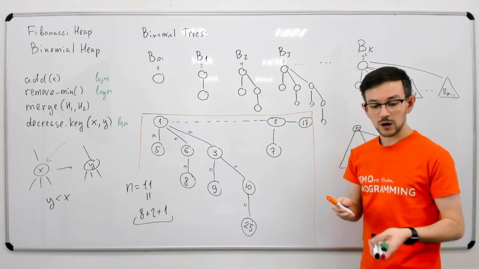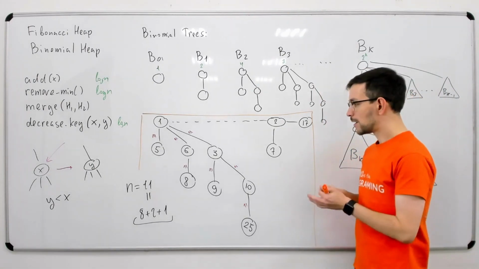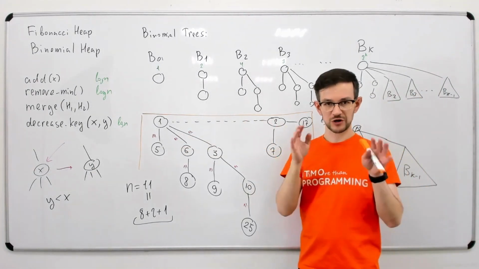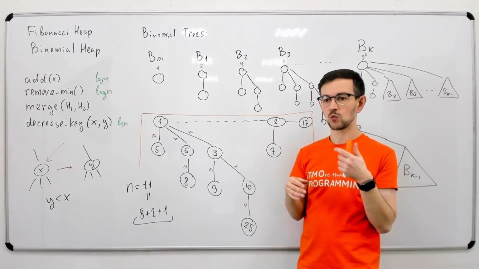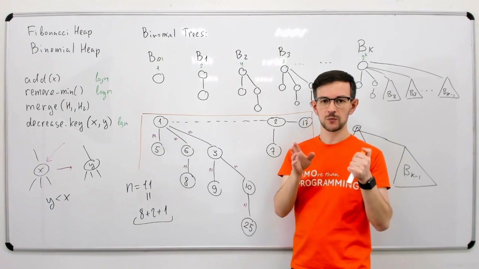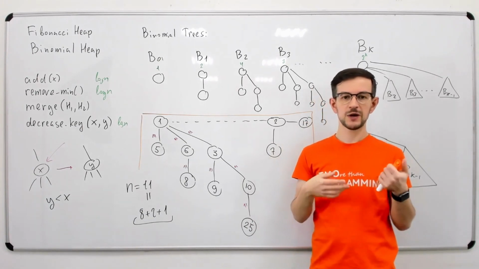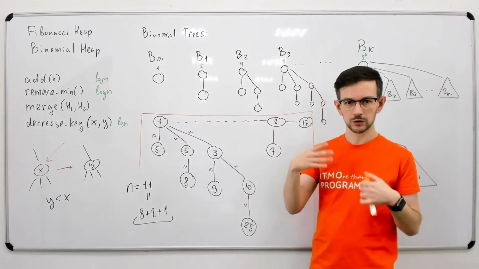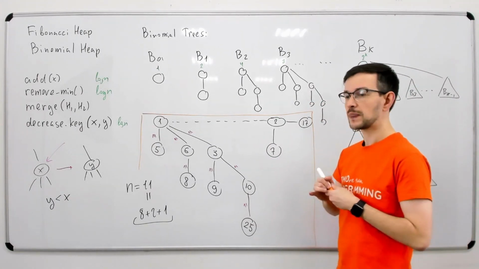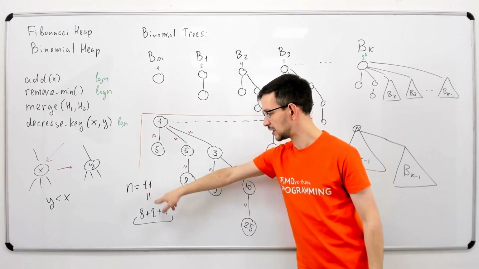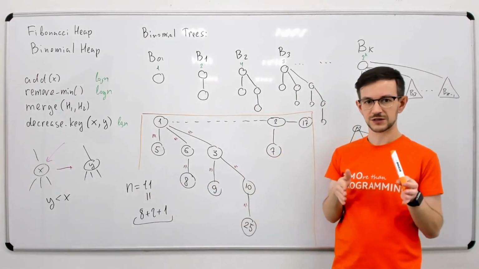Again, what I want to do is take the minimal possible number of trees. What can be the minimal possible number of trees? It will be about logarithm of n. Because how can I split this n into log n summations like this?